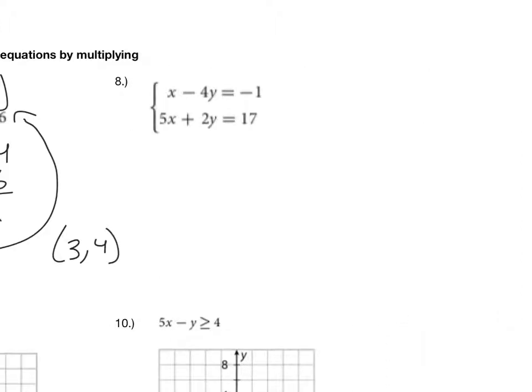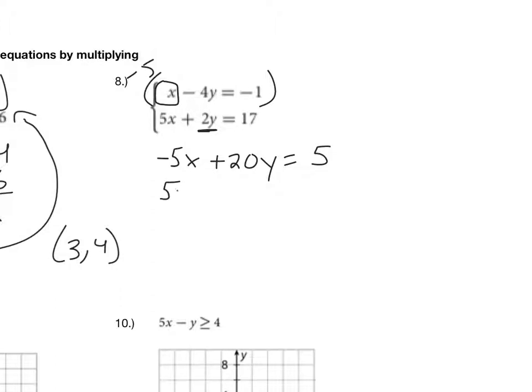Looks like the easiest one to multiply here would also be the top one, and I would just want to change the x to negative 5x, which I would do by just multiplying by negative 5. Could have also changed this, and that would have been just as easy. And if you want to try to do that on your own and see if you get the same answer as me, that's fine. So if I multiply this entire top equation by negative 5, I get negative 5x plus 20y equals positive 5.